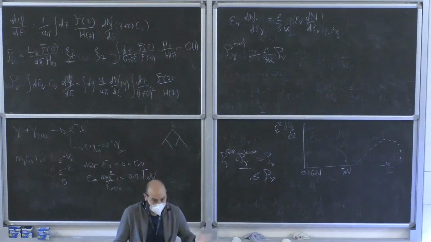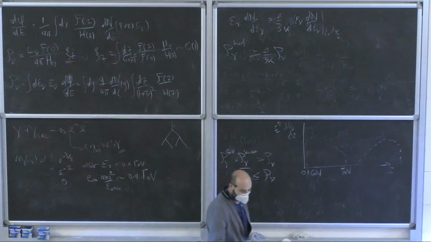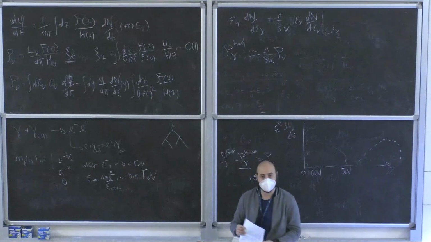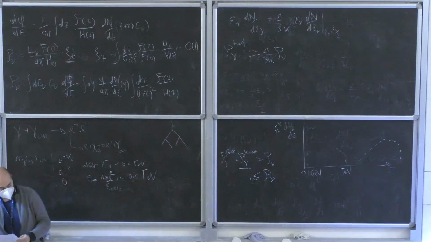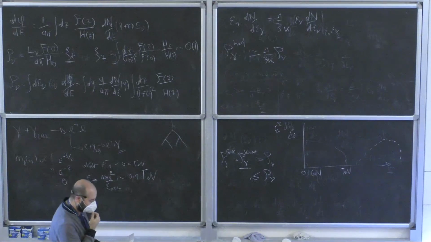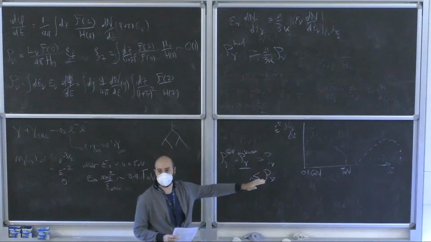Of course, we don't know what the answer is, so I'm not going to give you any revelation. But you can also use this type of information to do, for instance, searches for new physics or constraints on new physics.